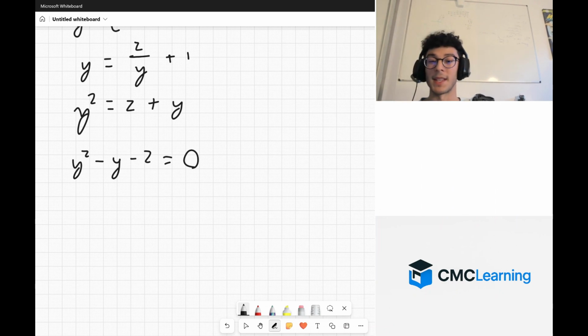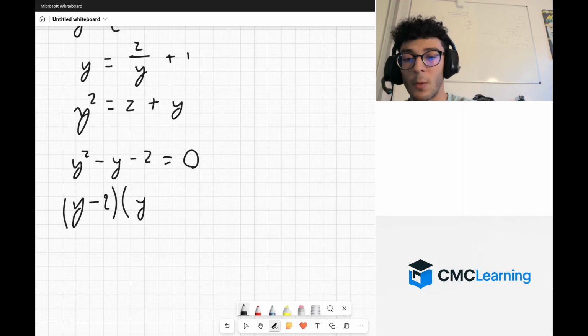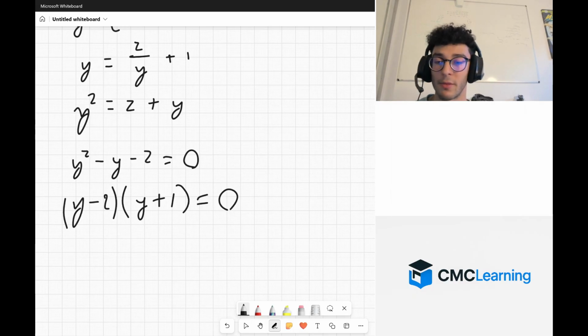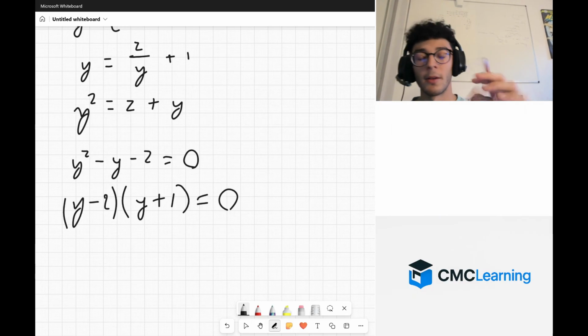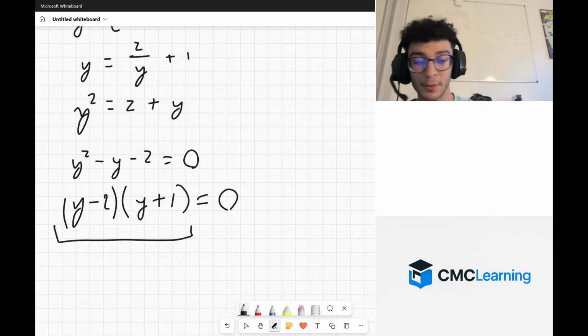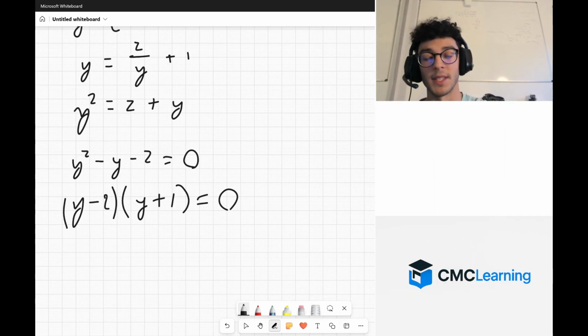In this case, we can factorize this as y minus 2 and y plus 1. And this is all equal to 0, as we should remember. And as I'm sure you also know, what we have here are two solutions. So this entire thing here is equal to 0 if just one of these terms is equal to 0.